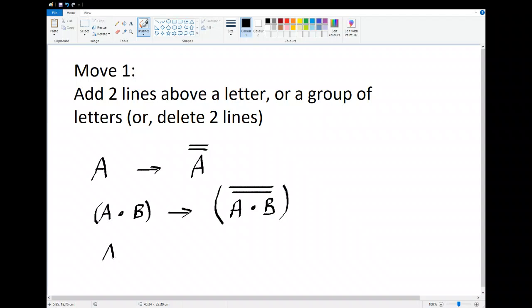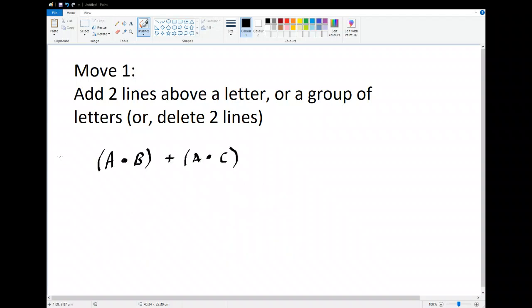If you've got A or B, then there's no problem applying the first move and converting that to A or B with 2 lines above it. It's no longer here spoken as A or B, but we'll leave that for the moment.